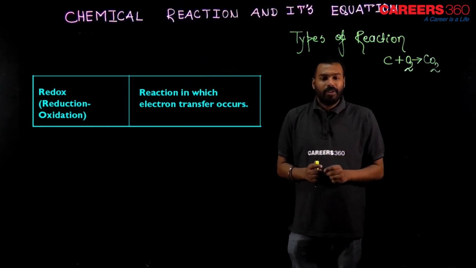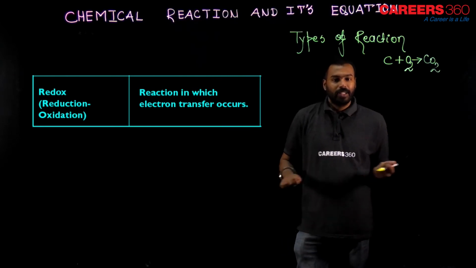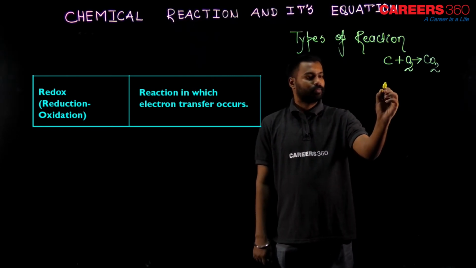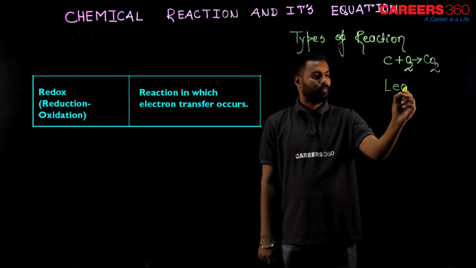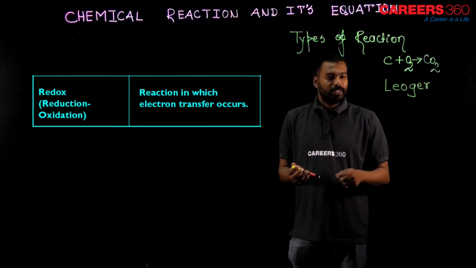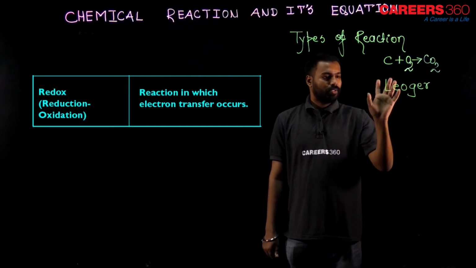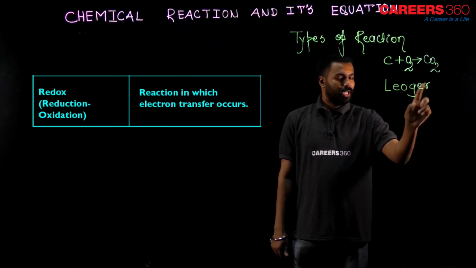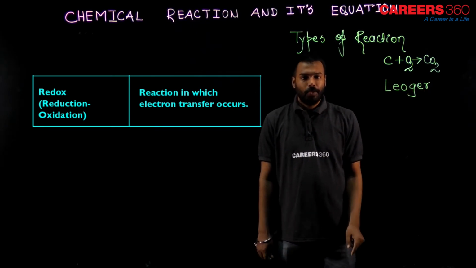You must remember one thing in redox reaction, LEO GER. What is LEO GER? Loss of electron is oxidation, gain of electron is reduction. I hope you understood.